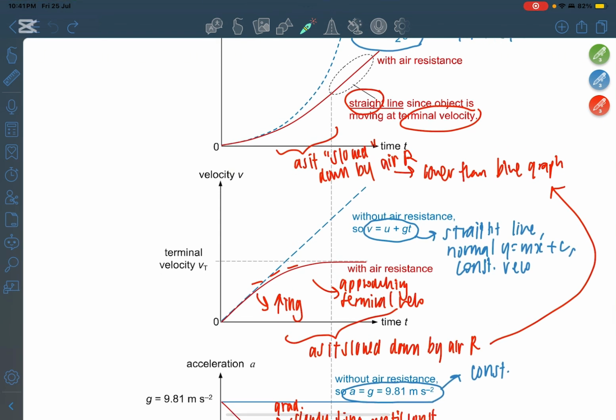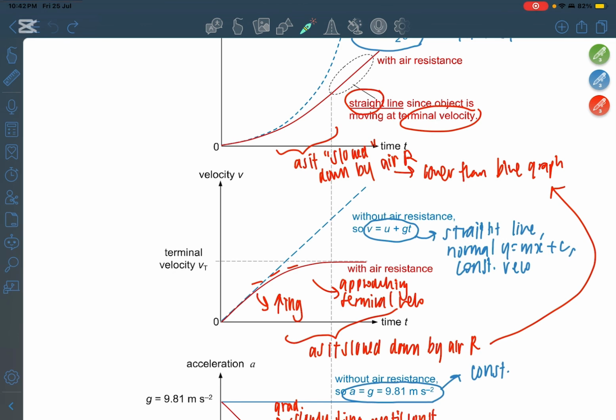Alright, so with air resistance, you see that velocity has like a 9.81 gradient. Sorry, I did not mean that. So initially it's a straight line graph, quite a constant acceleration, right? Like there's no effect of drag force or air resistance yet. But then as it keeps falling, it starts decreasing.